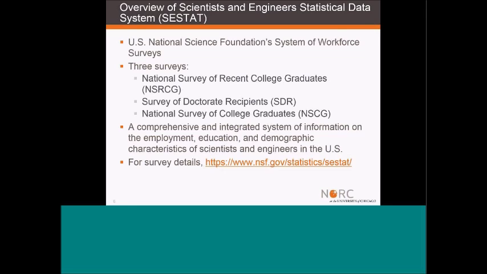Each standalone survey has its own data product, its own report, and its own measures and indicators. And then after that, these three surveys were combined so that the integrated data system can produce the nationally representative indicators of science and engineering workforce in the nation.